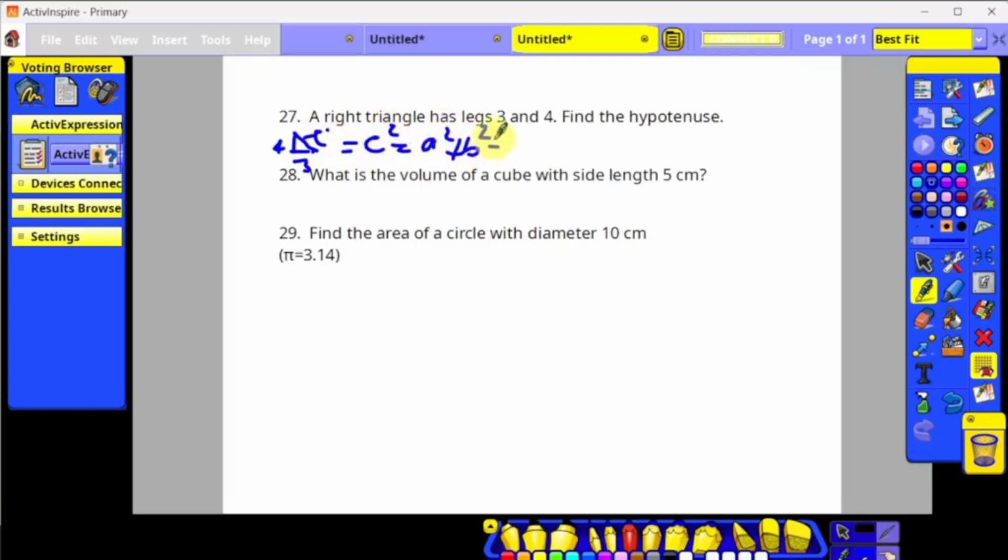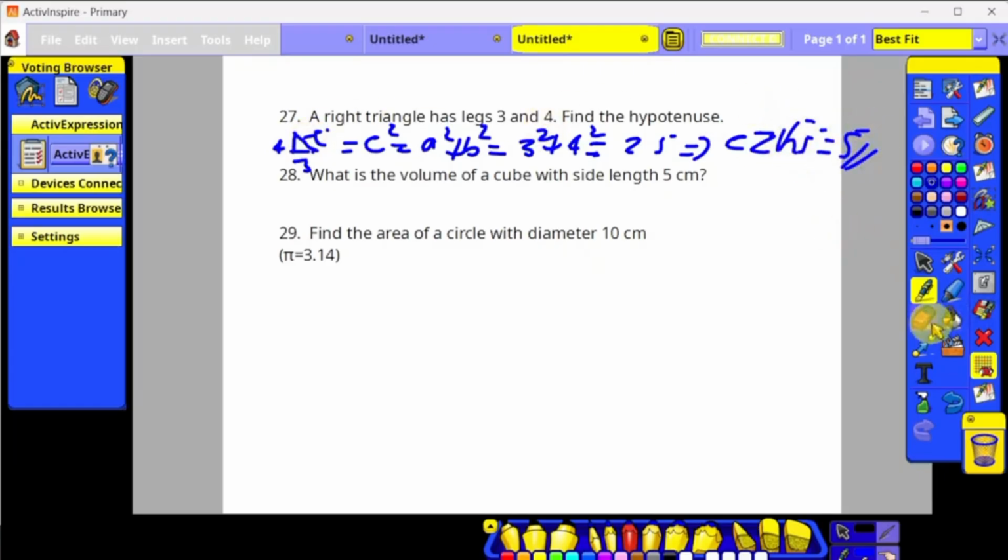This is the Pythagoras theorem for a right angle triangle. Then A and B are 3 square plus 4 square, which is equal to 25. Which implies hypotenuse C is equal to the square root of 25, which is equal to 5.